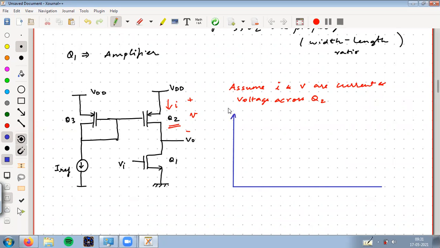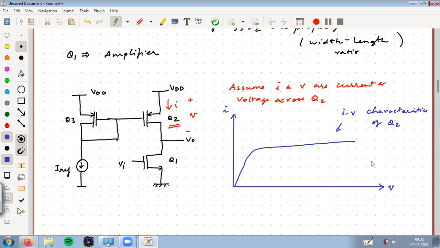So if I take this as I and this as V, I'm drawing this I versus V. This will actually look like this. Remember, this is the IV characteristics of Q2.